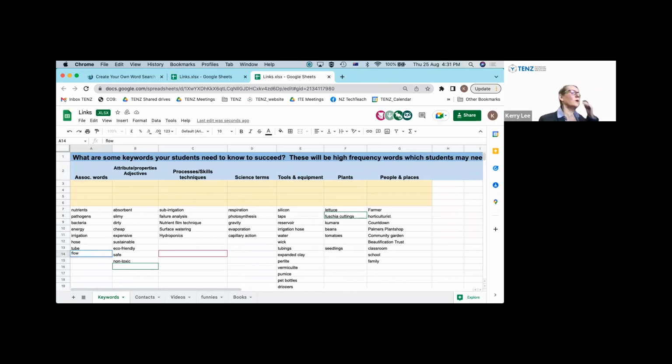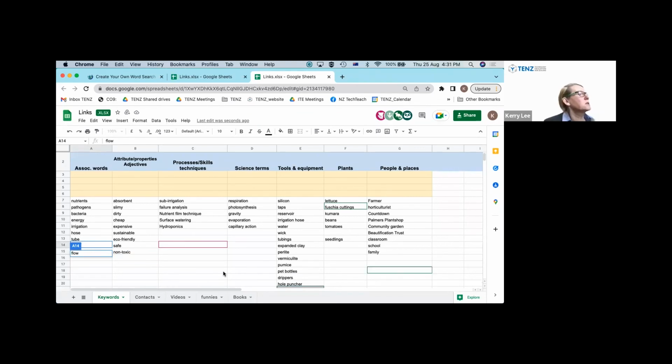Okay, so we've got quite a few words. This is really cool. Now what I'd like us to do is, can you put the easiest words at the top in the yellow part and move the hardest words further down. So you've got easy words getting harder and then really hard words down the bottom.